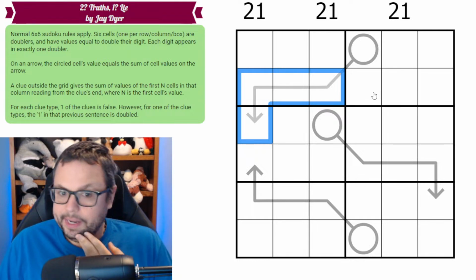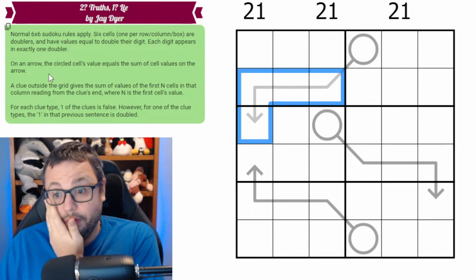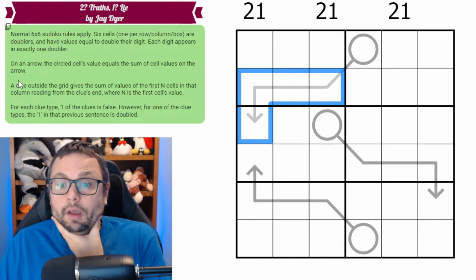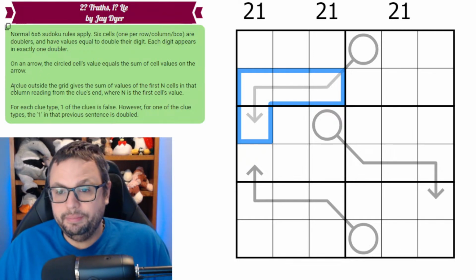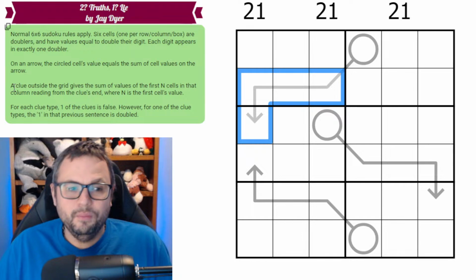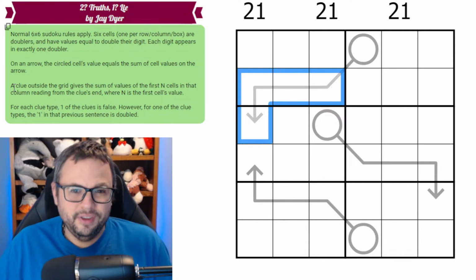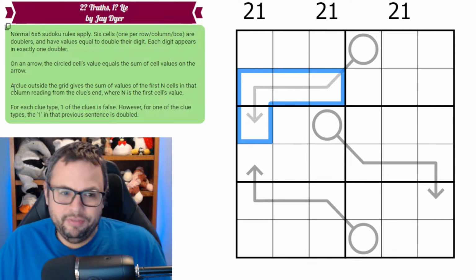However, for each clue type, one of them is false. Oh, however, for one of the clue types, the 1 in the previous sentence is doubled. So for one clue type, 2 of them are false, and for one clue type, 1 of them is false.